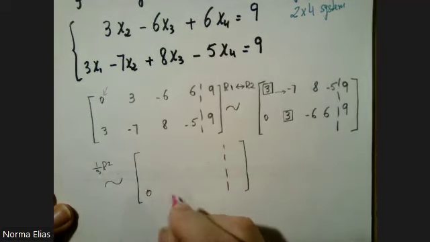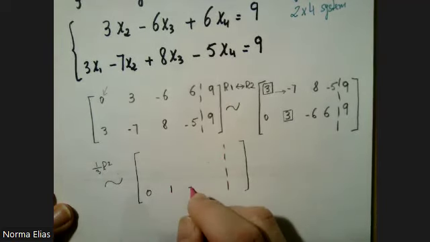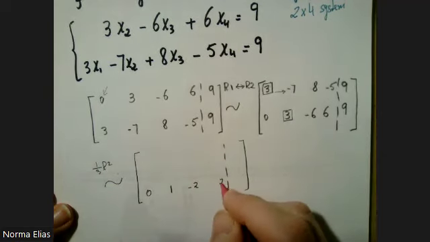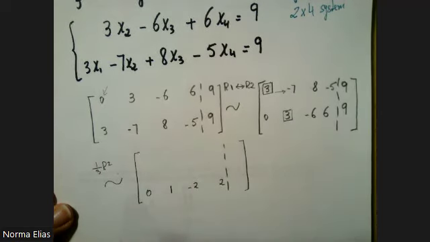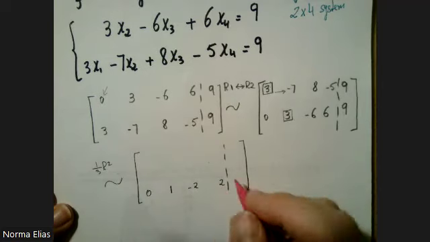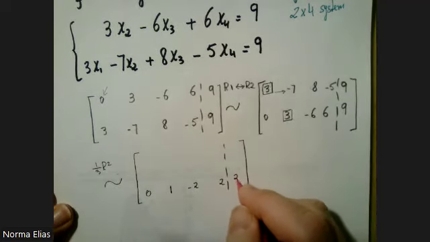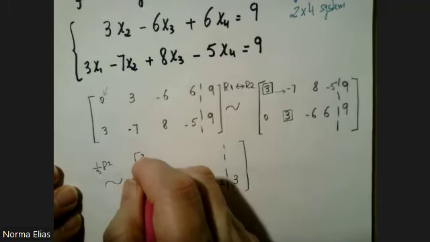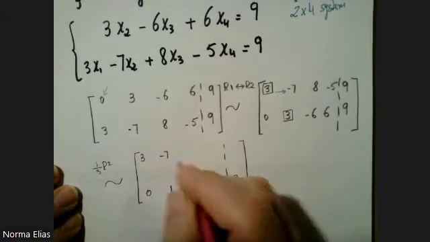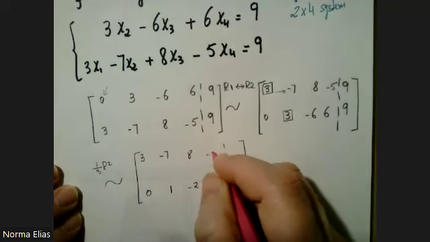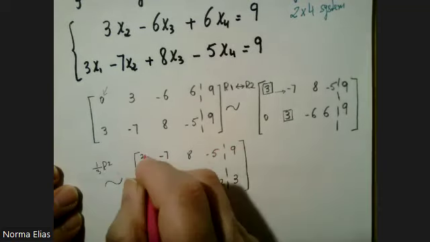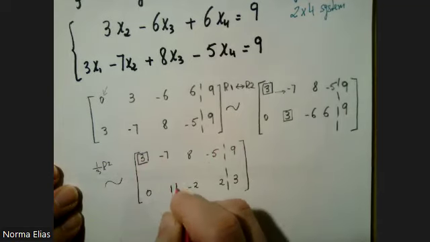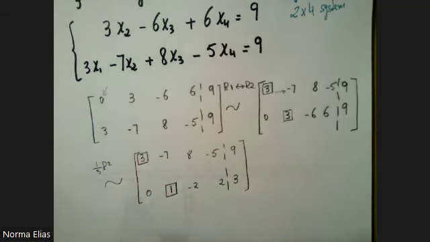I will have 0, 1, minus 2, and this divided by 3 is going to give me 3. Remember, what you're doing is dividing the equation by 3. That's really what it corresponds to. And now it's a 3, minus 7, 8, minus 5, 9. And my leading entry, as you realize, I'm being tremendously careful with that.